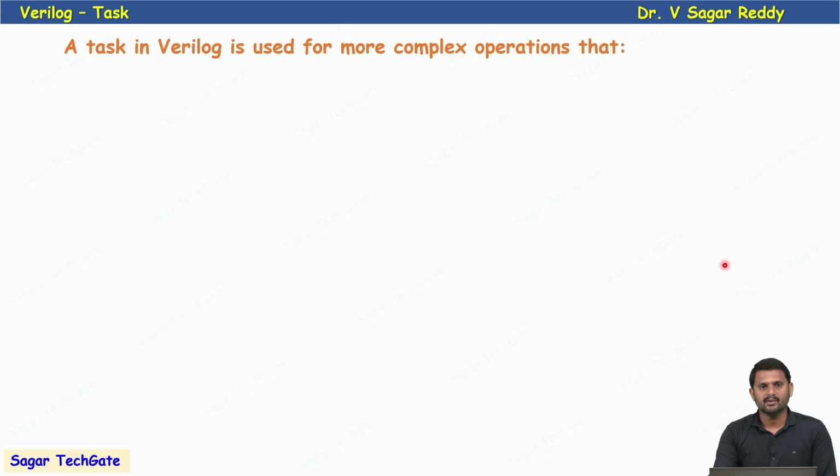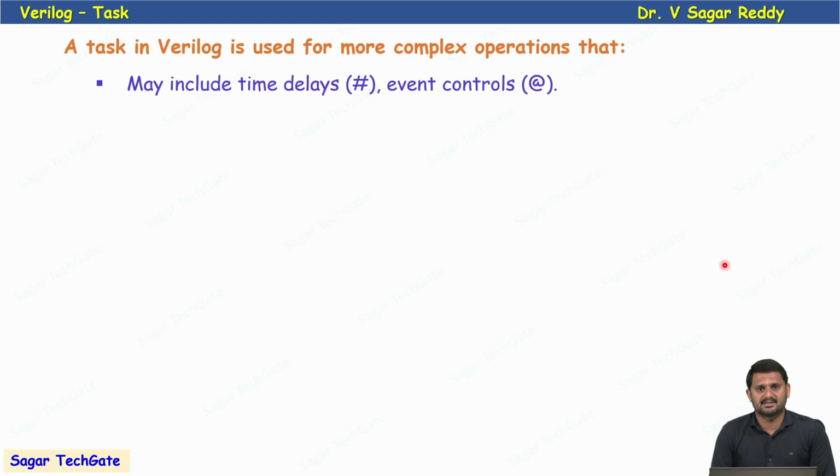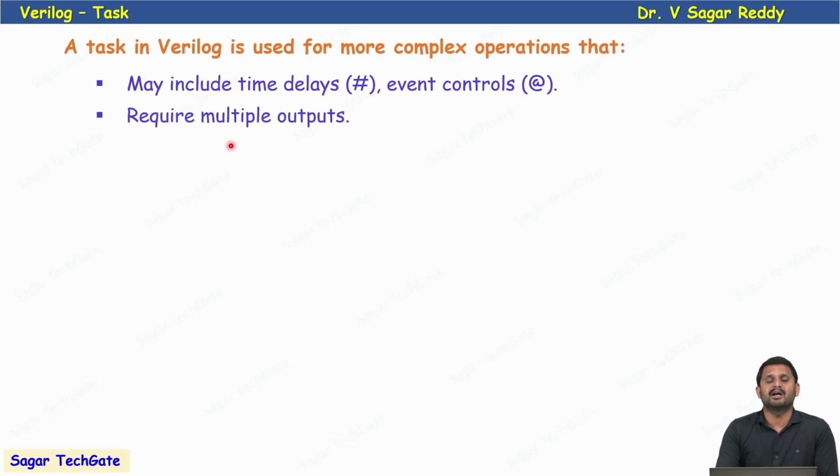Now a task in Verilog is used for more complex operations. So what is the basic difference between a task and a function? A task may contain time delays or event controls, whereas a function won't contain delays, event controls, or non-blocking statements.